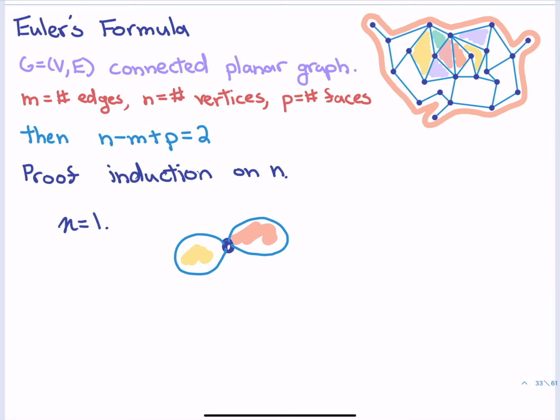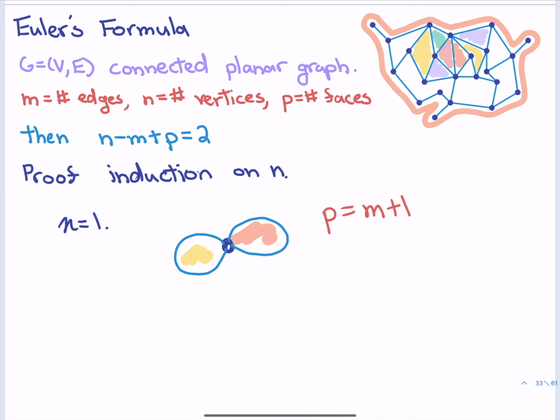M is the number of self-loops, and the number of faces, every self-loop creates one more face, just whatever it wraps around. So that means that P is equal to M plus 1. Let's just plug that in.